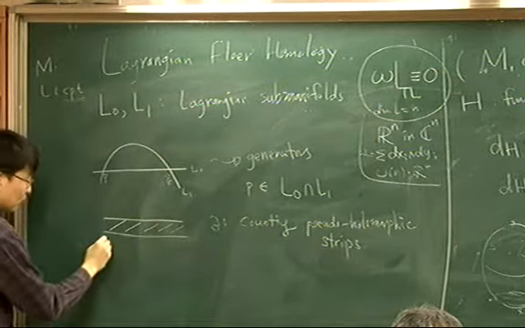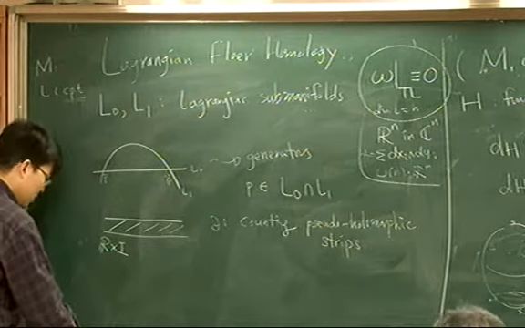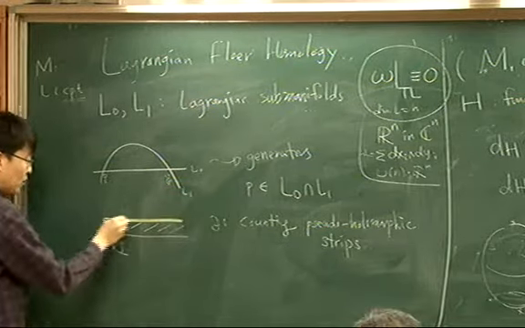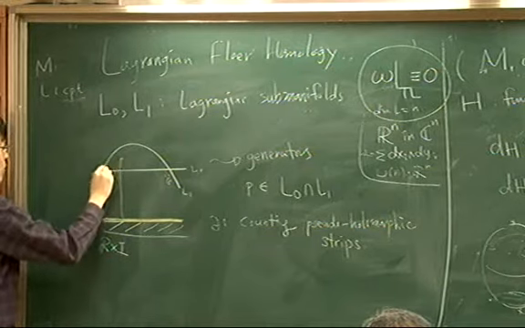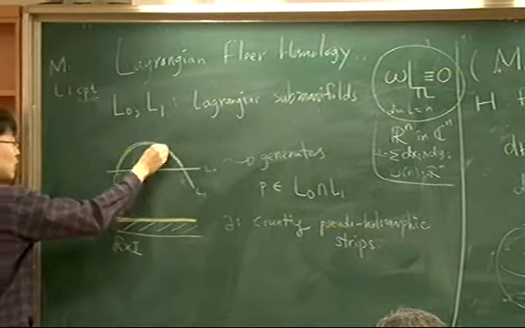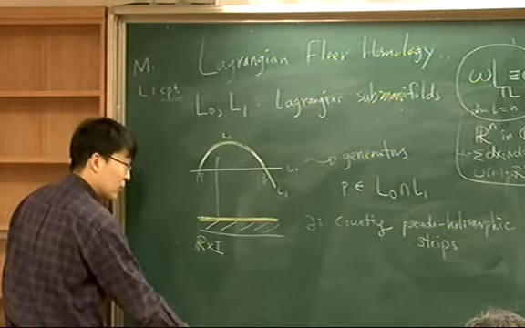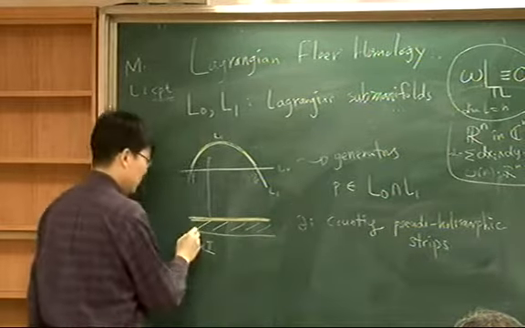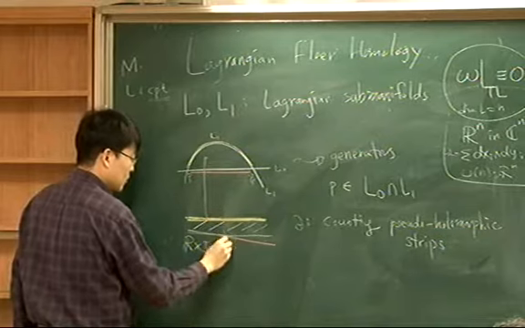In this case, you consider R times an interval, and you make a condition that the upper boundary goes to L1, and the lower boundary goes to L0. So this goes to just L0.